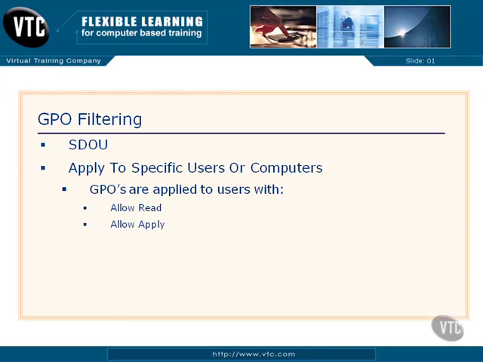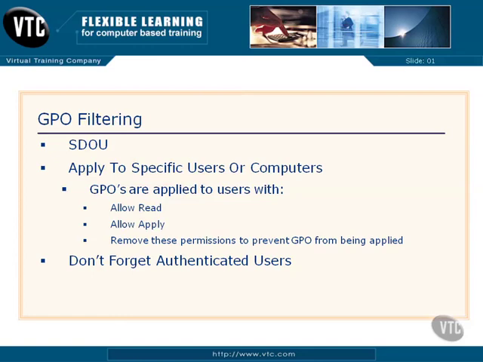So if we turn off the allow read and allow apply, then that particular user is not going to have that applied. So we can remove these permissions to prevent group policy objects from being applied to certain users and objects. This is one of those areas where group policy will absolutely drive you insane sometimes. It's trying to outthink it.